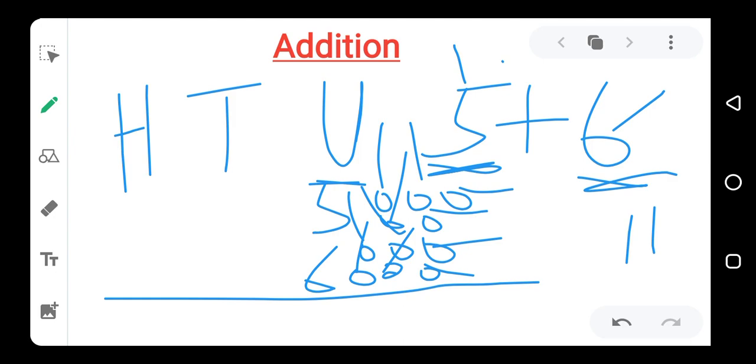So we write our 1 under units, and the second one we write under tens. Now that is 11. See how we arranged it. We put one under units and we put another one under tens. Now let's solve another example.